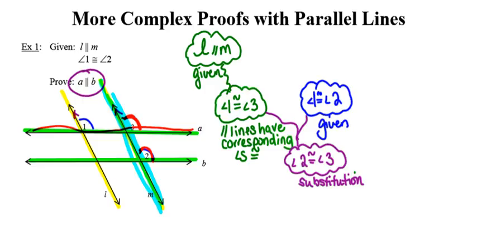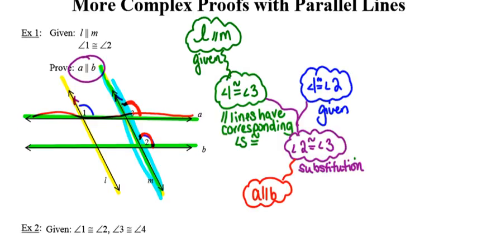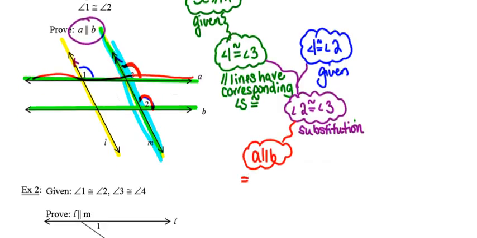That, in turn, tells us that the lines have to be parallel. So lastly, we can go ahead and conclude that the lines are parallel to each other. And the reason that we knew that is because congruent corresponding angles have lines that are parallel.